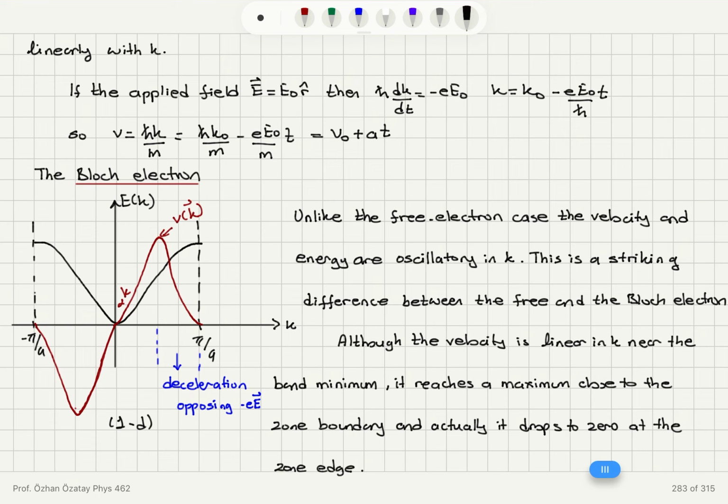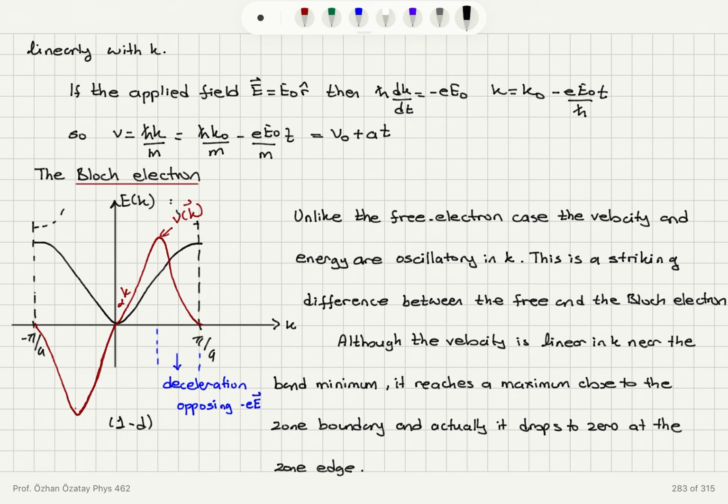Okay, so unlike the free electron case, the velocity and energy are oscillatory in k, because if you go to the next band and reduce it to the first Brillouin zone, if you remember, we will have this band gap and then the next band forming like this. So it's going to be oscillatory in the energy and also in the velocity. So this is a striking difference between the free and the Bloch electron.